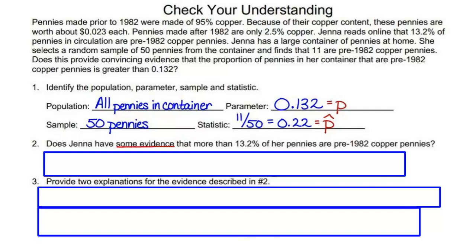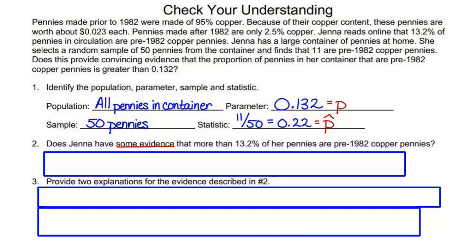Does Jenna have at least some evidence that more than 13.2% of her pennies are pre-1982 copper pennies? Does she have some evidence that her pennies have a greater proportion than 13.2%? Why or why not? She can generalize to her pennies, right?